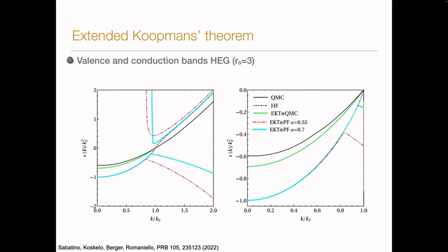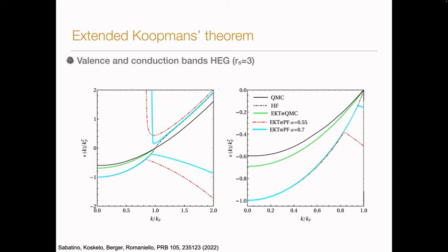Then we go to the homogeneous electron gas. So here the black are QMC results, and in green, so we didn't have QMC ingredients for the conduction part. So we have just the valence part in green. So EKT using QMC ingredients, and you see that the bandwidth is slightly wider than the exact one.